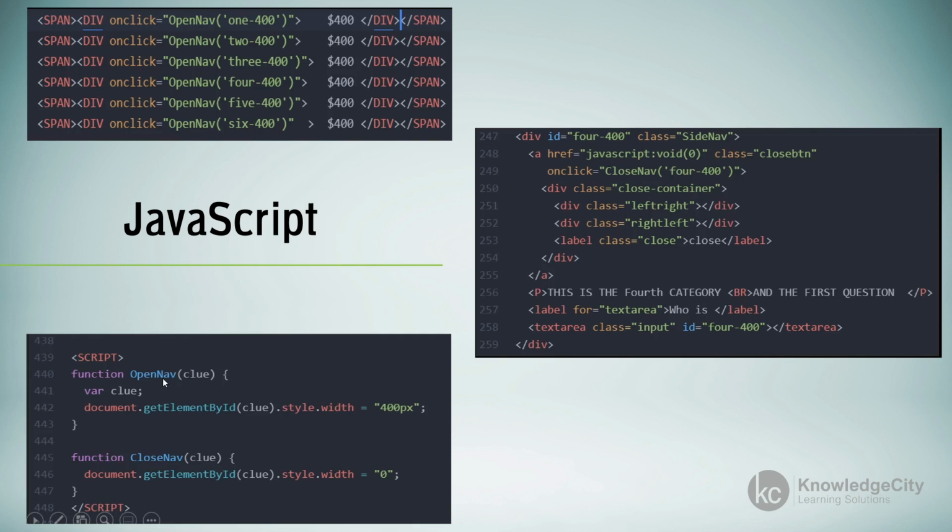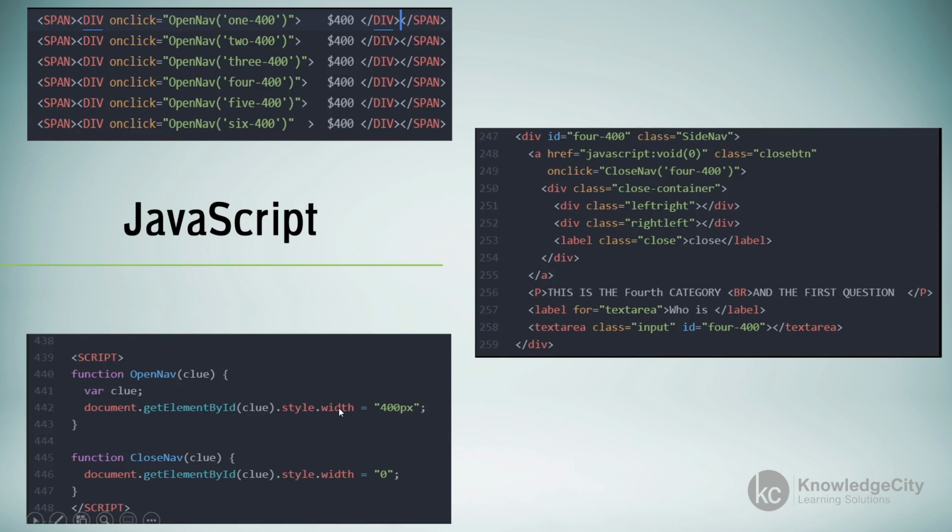And what the functions do is they get the clue, the value, the ID, in this case 4-400, of which of these to open. The JavaScript then says, let me look at the HTML elements, all of the things that are in HTML, and find the one that contains the value that this function was just passed, the 4-400.